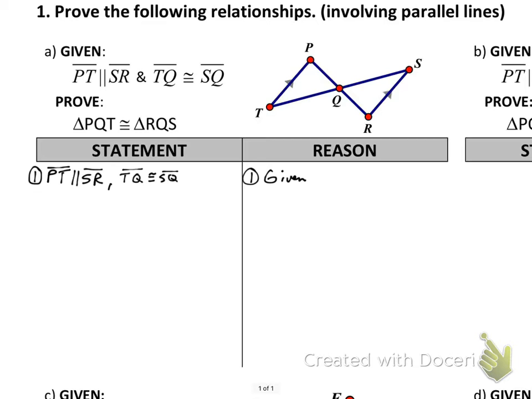I'm not going to tell you how many steps are in it, but I'll mention how many steps are in the remaining ones. All right. So TQ is congruent to SQ. Now, in that case, they are telling us two parts are congruent. So if you see that some element is congruent to something else, well, then you're good. You can use that. So I'm going to go ahead and mark TQ and SQ right here.